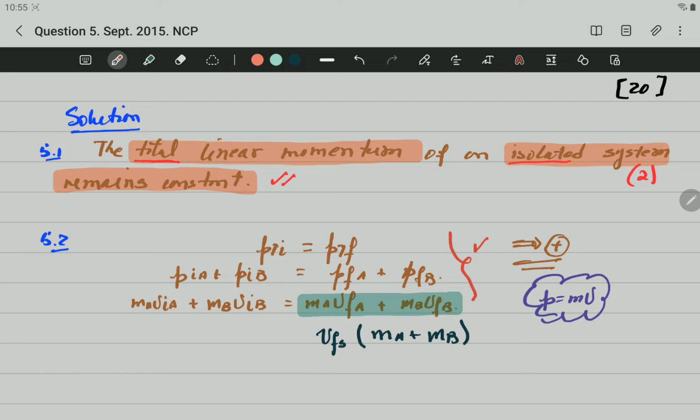So what we have here is that the mass of object A multiplied by the initial velocity of object A plus mass of object B multiplied by the initial velocity of object B is equal to the final velocity of the system, those are the 2 blocks, that is what we are looking for, multiplied by mass A plus mass B. So let's now do the numerical substitution here.